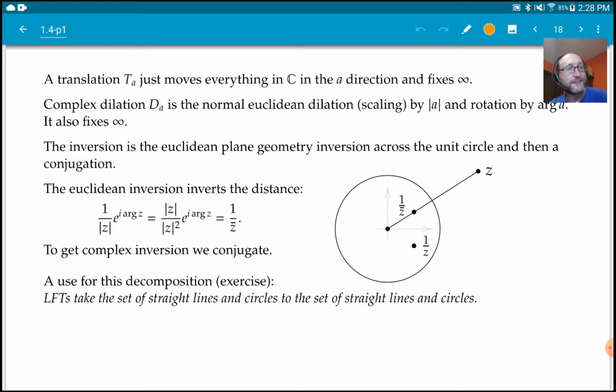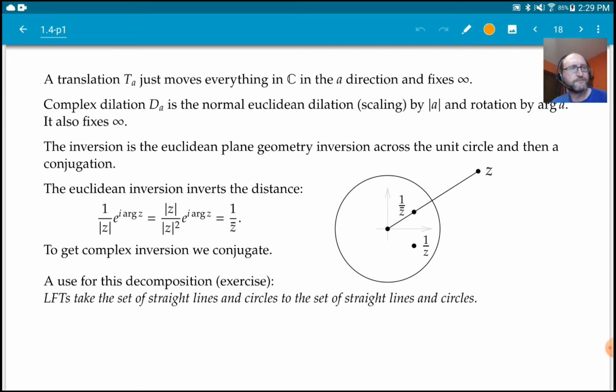What I really mean is that you can take any straight line or a circle to any other straight line or circle. So for example, you could take any circle or a straight line, and you can find a linear fractional transformation that takes that circle or a straight line, let's say, to the real line, right? And then you could even normalize some points on it, right?